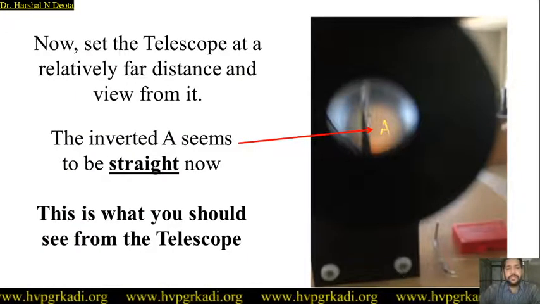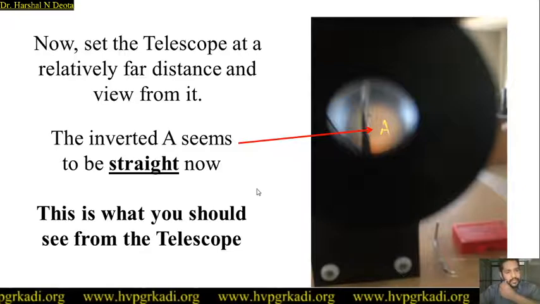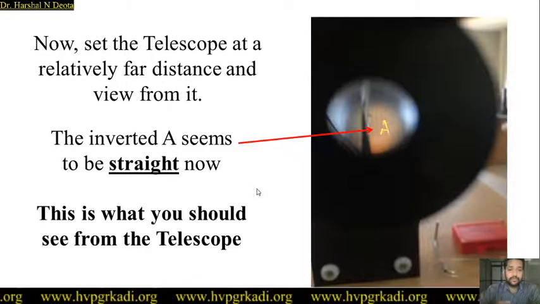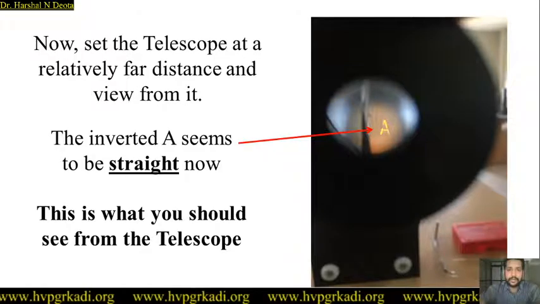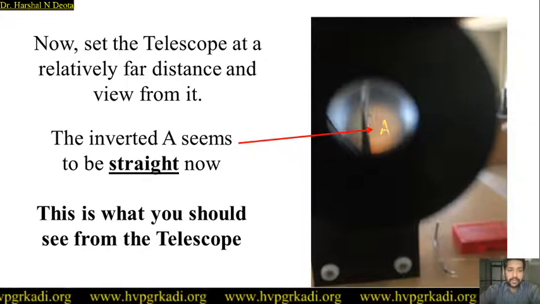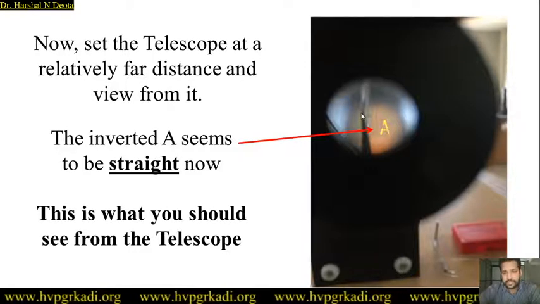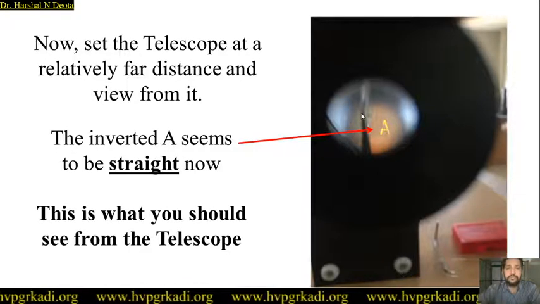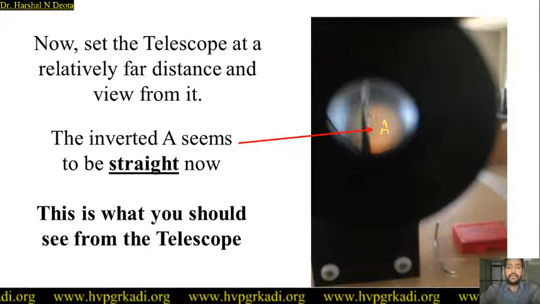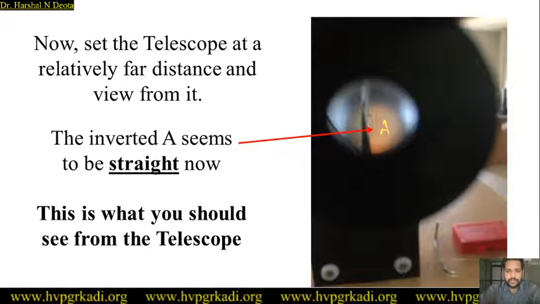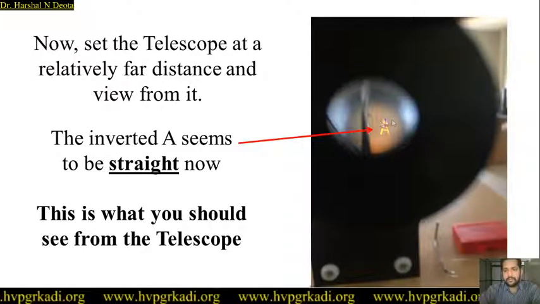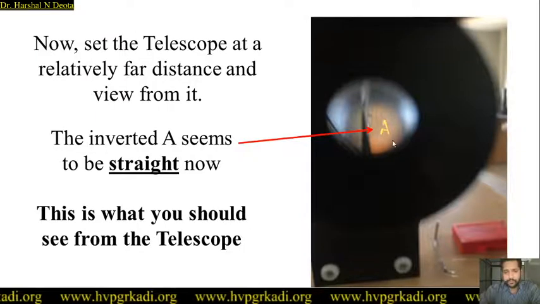Whenever you see this from the telescope, which is kept at a relatively far distance from the Edser A plate and the source setup, that inverted A now seems to be straight. The reason is very obvious, friends, because many of you have observed things through telescopes or even binoculars, where the inverted object comes to be straight.